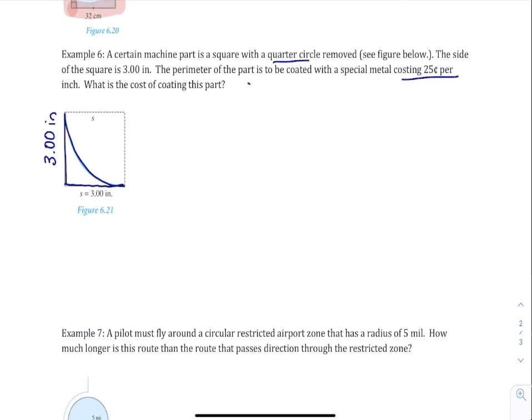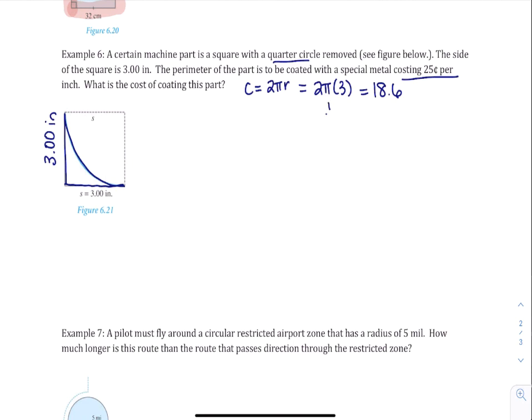Well, we can find the circumference of what would have been an entire circle, and we'll use 2 pi r because each side of the square is essentially a radius of the circle. 2 times pi times 3, and putting in 3.14 for pi, we get that the entire circle would be 18.6.